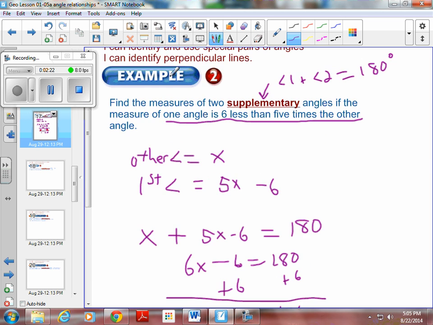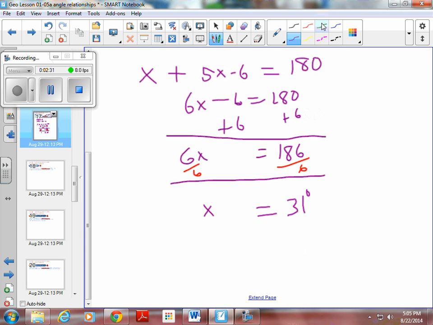And my question asks me, find the measure of two supplementary angles, so I want them both. One is 31 degrees, and the other one, we know that they both add to 180, so x plus 31 equals 180, or if you like, since we used x already, we can change that to y.